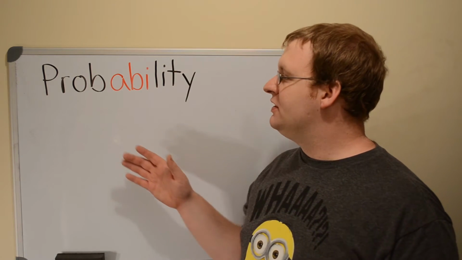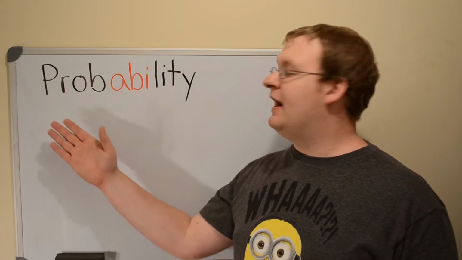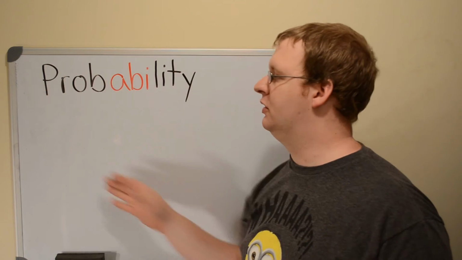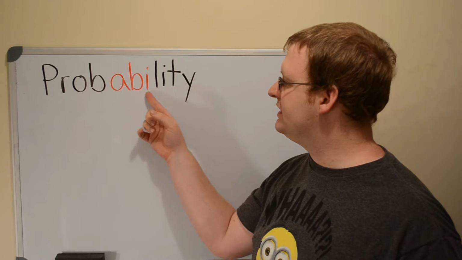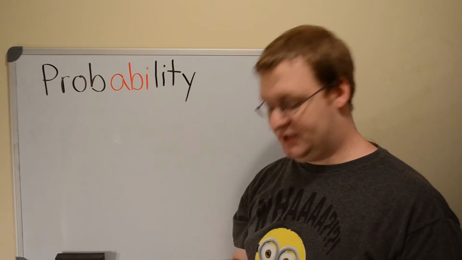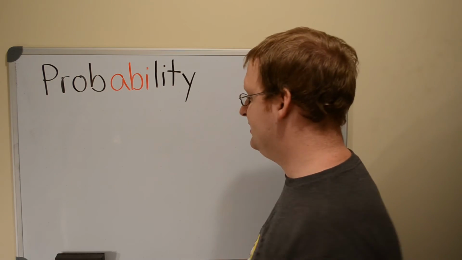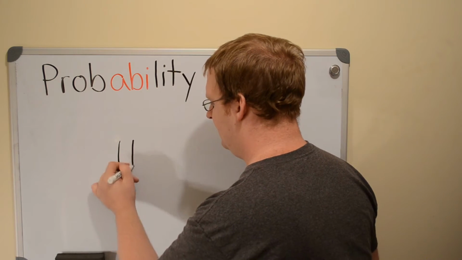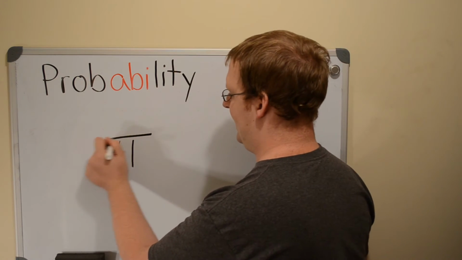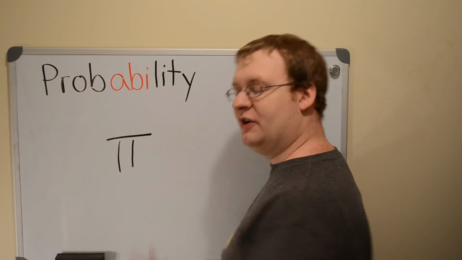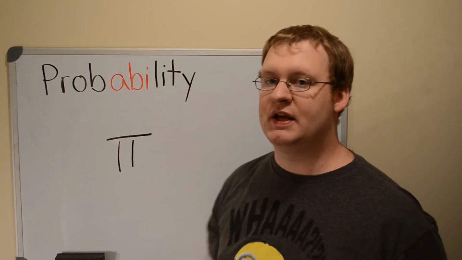All right, so first thing we need to do is find out how many things we have in total. And in this case, we've got 1, 2, 3, 4, 5, 6, 7, 8, 9, 10, 11. So there are 11 things in this set. And then we're going to put the line for divided by, and the number of things that I want you to draw.